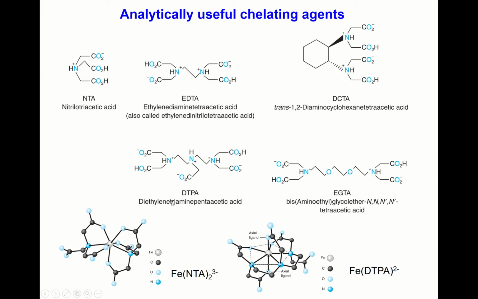I don't know who has used this chelating agent. And EGTA, let's count: one, two, three, four, five, six, seven, eight. This is also an octadentate chelating agent. Well, I'm not sure. I never heard that this chelating agent is used, but there must be.